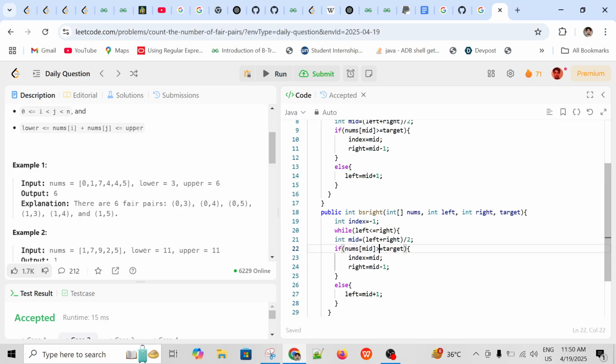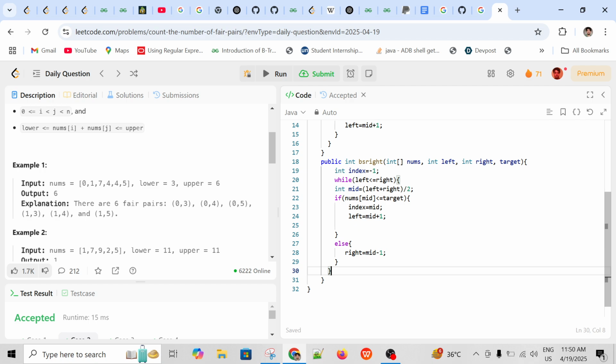Okay, if nums of mid is less than target, and if we find an index which is the left, so we will have to move to the right direction, so it will be mid +1, and this will be in the else statement, and we have to return the index.